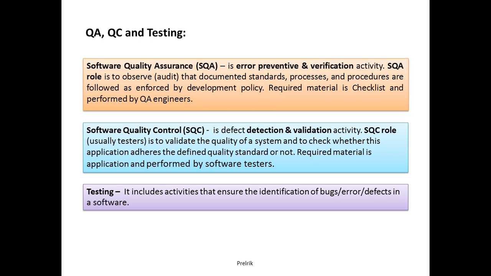It's monitoring and improving the SDLC process. And QC is to validate the product once the code has been done. And testing is a process of finding bugs and errors. Okay, so I'll explain it in a much better way in a further slide, when I explain the software testing types.